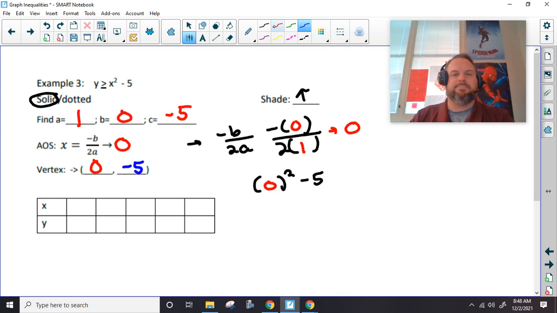So 0, negative 5. How should this look from left to right? What should go to the very left? Okay, just like it should look in a number line.